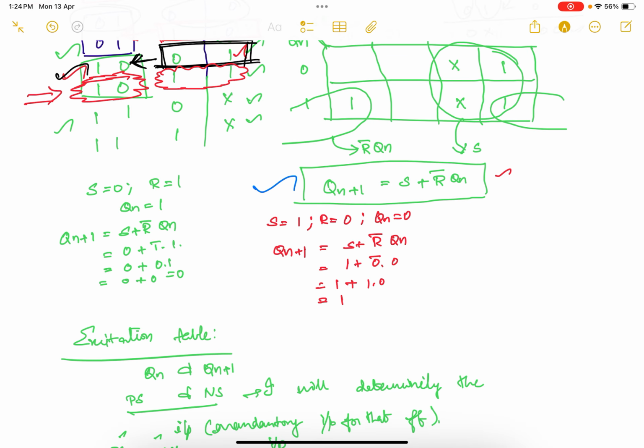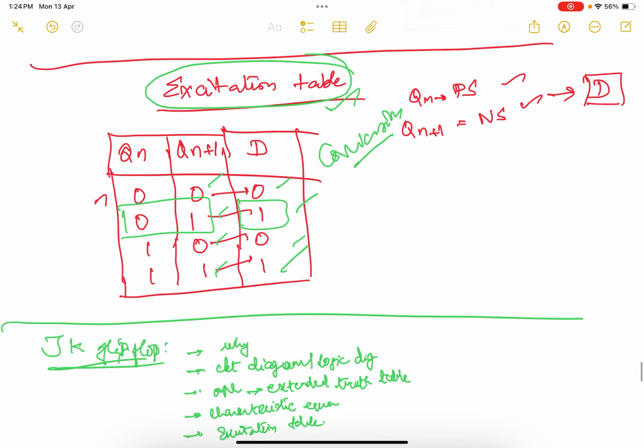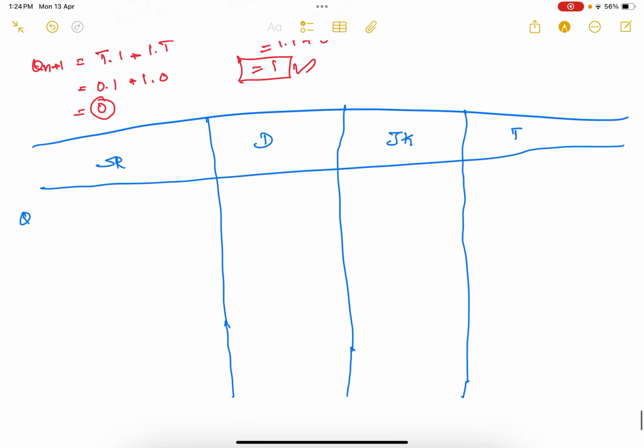The next state equation is S plus R dash into Qn. Here the next state is nothing but your present state, that is Q.